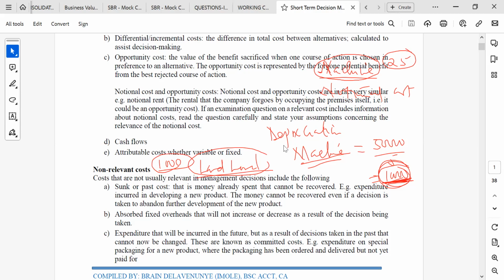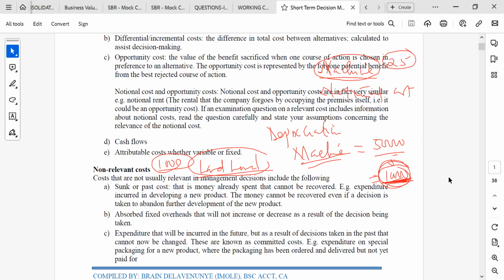So the cost that you are going to be incurring in the future is not a relevant cost, especially committed costs. The costs that you are going to incur in the future, committed costs, are not relevant costs.